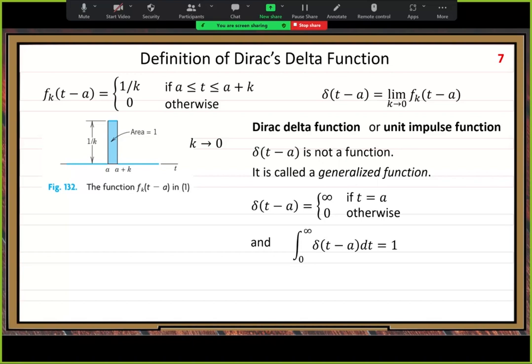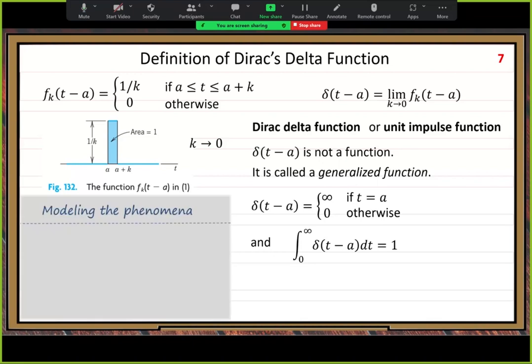Okay? So that's this important property. So the delta function, now our understanding is like this. It's a generalized function. Okay? So we allow it.